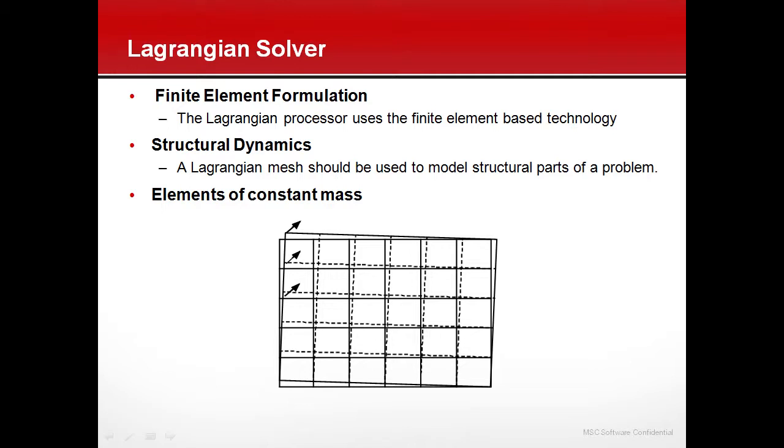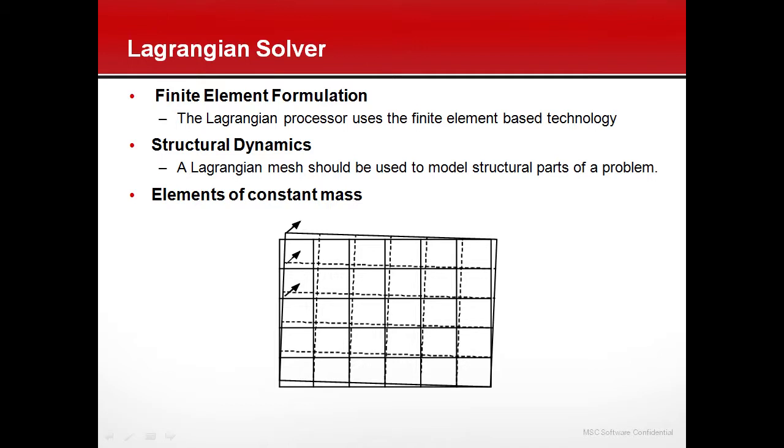So for structural dynamics, which is what we're going to be talking about here, we've already said these are dynamic type problems. We'll typically use a Lagrangian mesh to simulate the structural part of the problem. And this type of Lagrangian element technology will result ultimately in elements of constant mass. So you can see the graphic here. It shows a deforming structure.